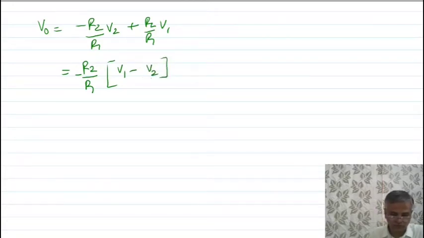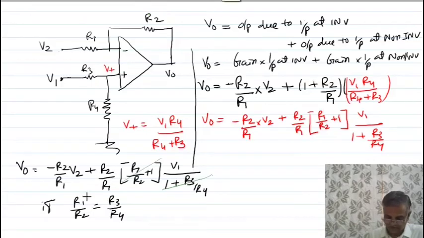So look here, this is cancelled, so you can write R2 by R1 is taken common, so V1 minus V2 you can write.